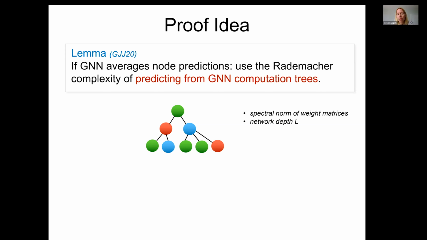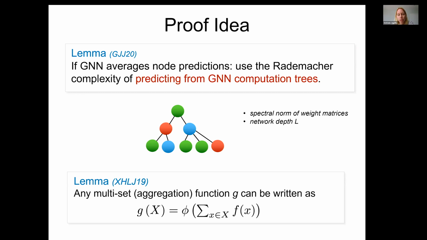We have to analyze the complexity of these aggregation functions, and there we can use the result that any of these aggregation functions can be universally represented in the following form: for each of the items, the little x here being the features of the neighbors, we apply a nonlinearity, we sum them up, and apply another nonlinearity.